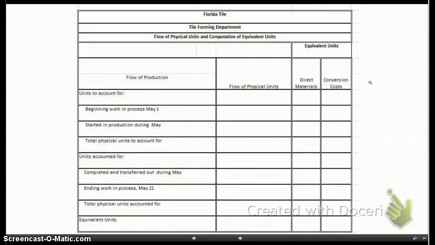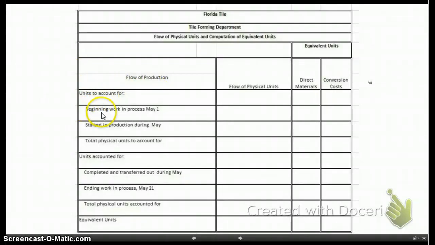Now let's move on to the first 2 steps of the process costing problem. Step 1 says to calculate the flow of physical units. You will be setting up your problem like this. This is the setup for steps 1 and 2. You're going to have your flow of physical production, which is units to account for.